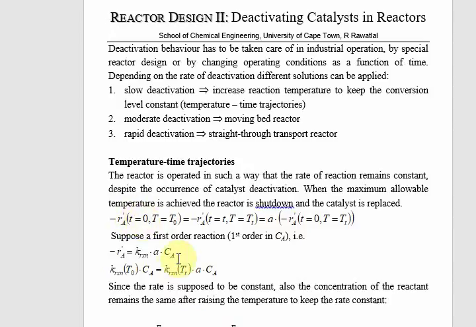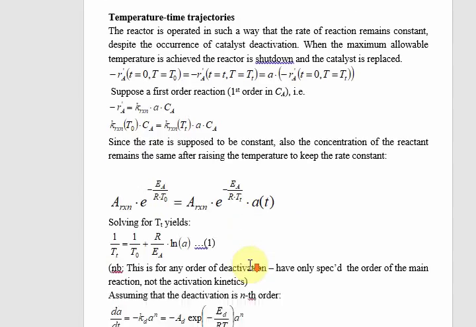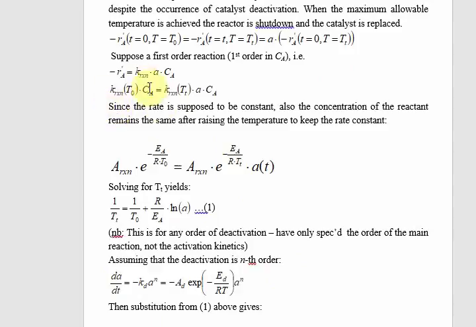This was equal to k at T naught multiplied by Ca, and that's equal to A times kCa. And so we can cancel the Cas and we can expand on each of these ks using the Arrhenius expression. So this is the k at temperature T naught, and that's the k at temperature T. And then we've got that A of t there as well. So you can see now we have a nice relationship among the temperatures and the activity.